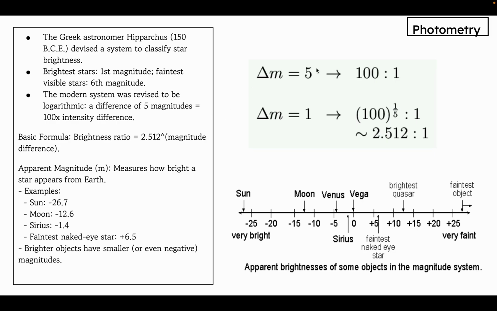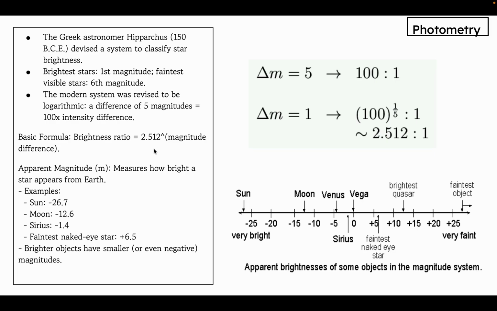So a difference of 1 magnitude is the fifth root of 100 to 1, that is 2.5 to 1 intensity difference. So the basic formula is the brightness ratio equals 2.5 to the power of the magnitude difference.